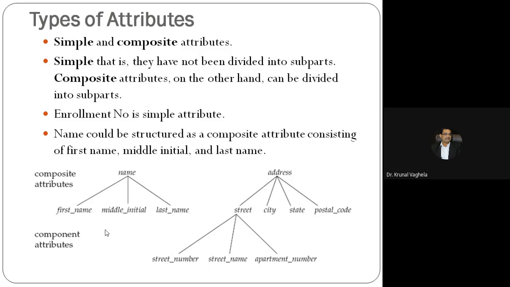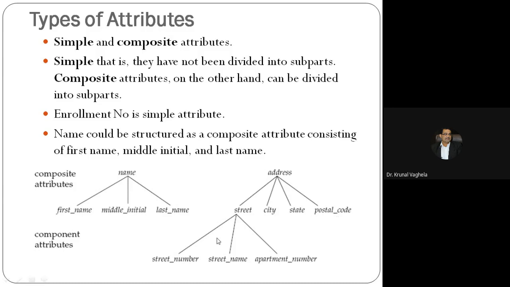If I write simple name, the name can be divided into first name, middle name and last name. It's all written. Same with your address. Your address is also a composite attribute because it involves street, city, state, postal code, country, and so on.